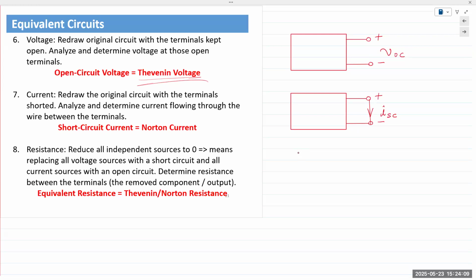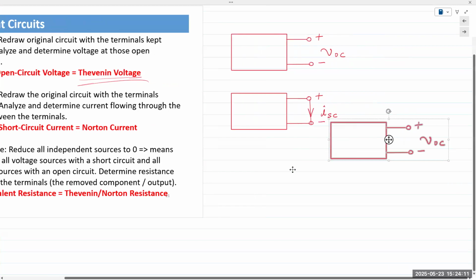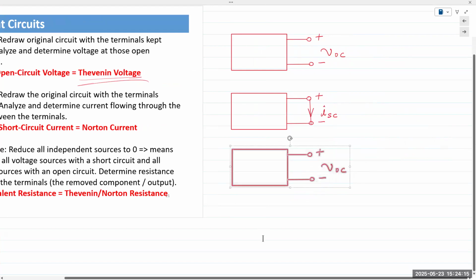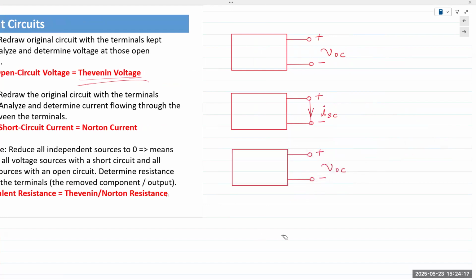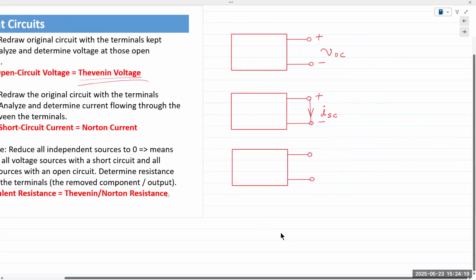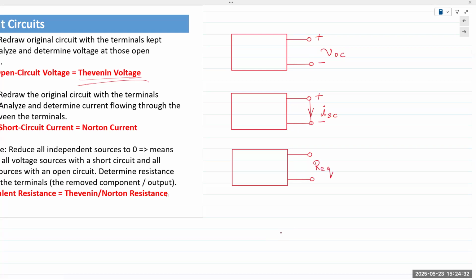And then finally, we have REQ. Now, REQ is a bit different. If you want to measure the total equivalent resistance between a pair of terminals, then we need to ensure that there are no sources in the circuit.